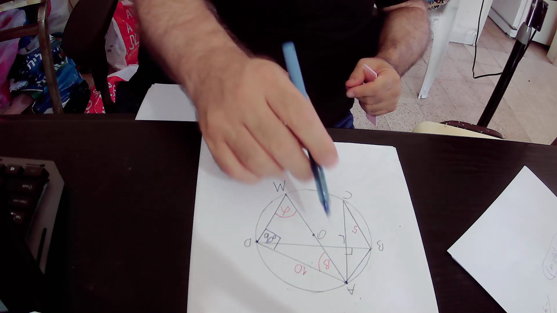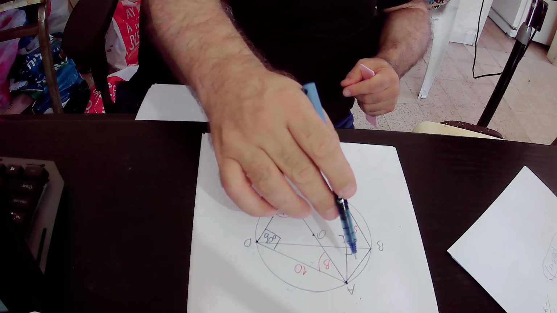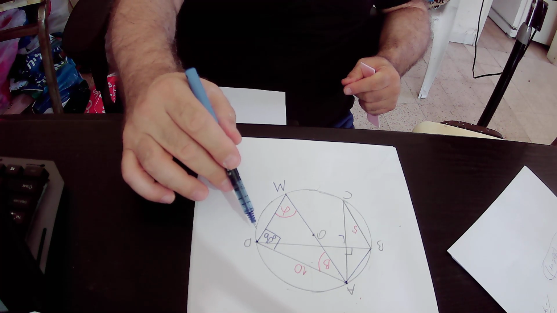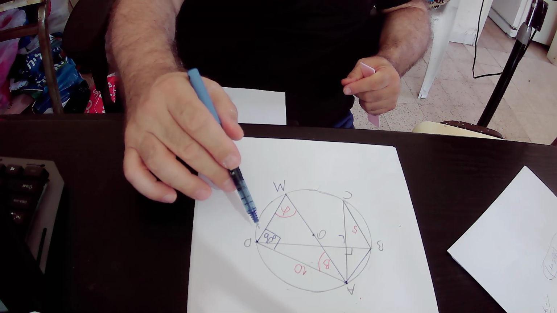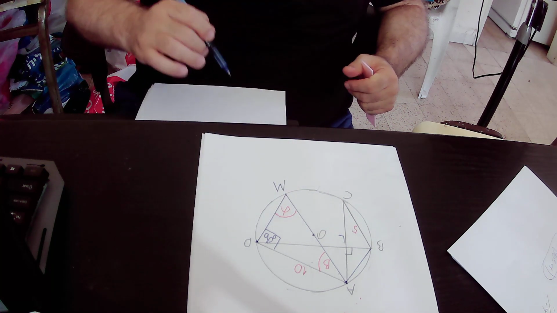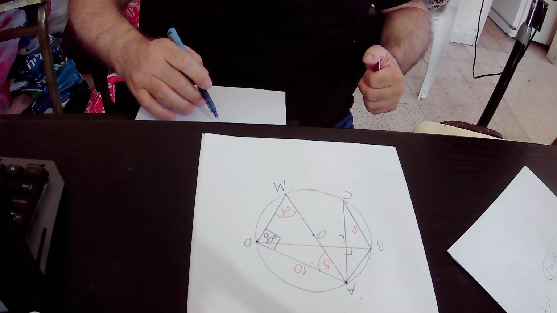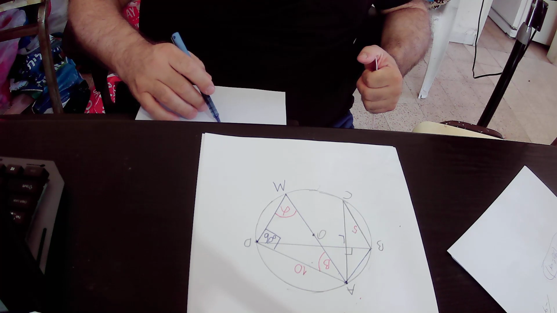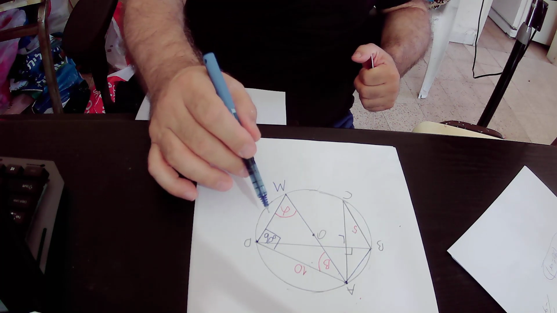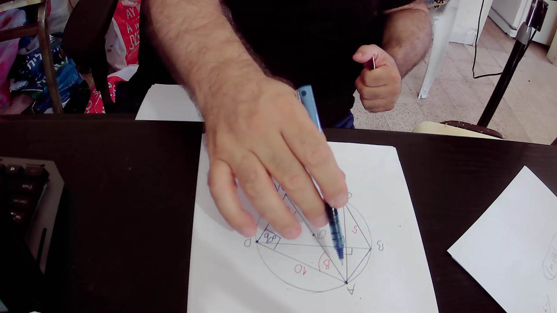we have angle ABD that rests on chord AD, and angle alpha also rests on the same chord, that is to say on chord AD.